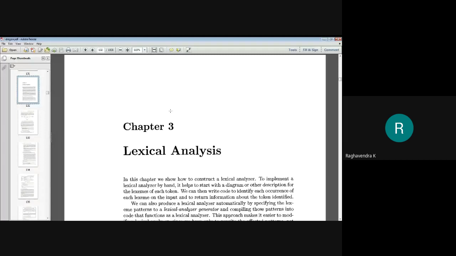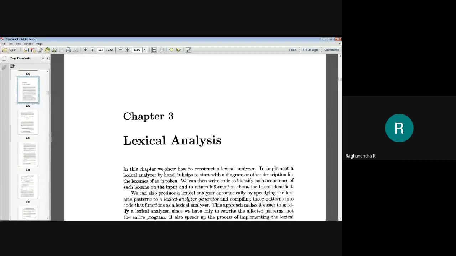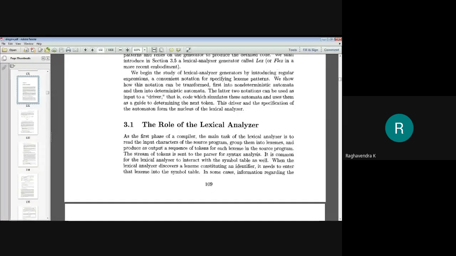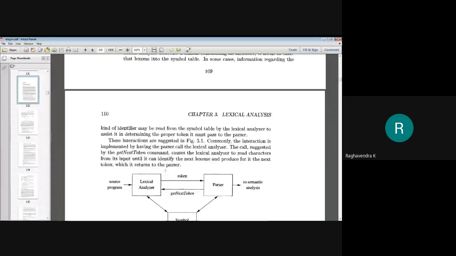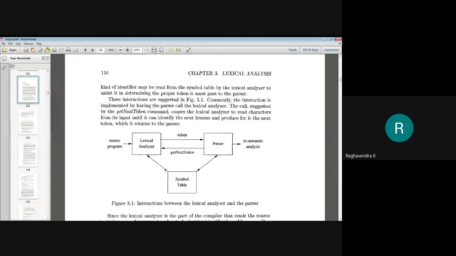Right. So in our last session, we were discussing the concept of lexical analysis. We have seen the role of the lexical analyzer and how it works with our syntax analyzer, which is the parser.